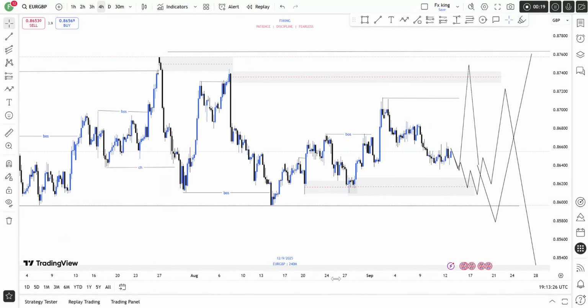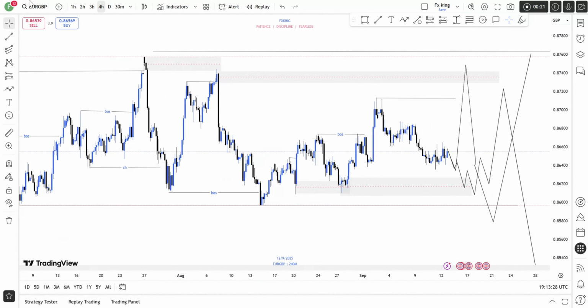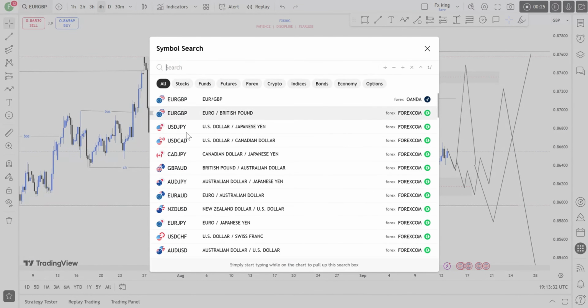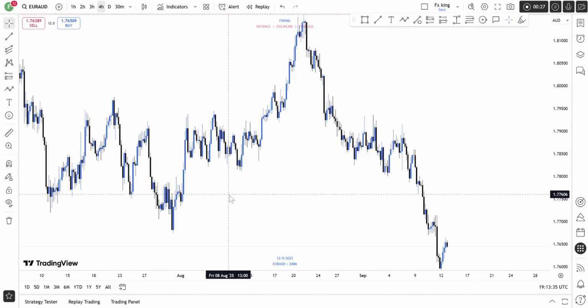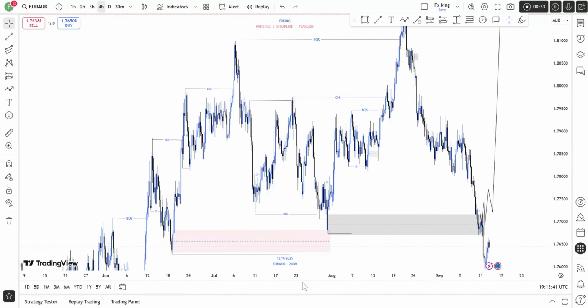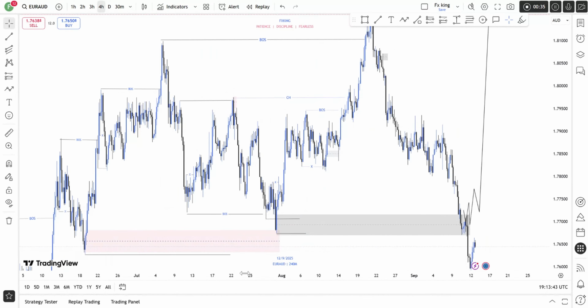Now let's go over to, I think it should be Euro AUD, the trade I gave last week, which was also heading to another POI. No, it should be Euro CAD.